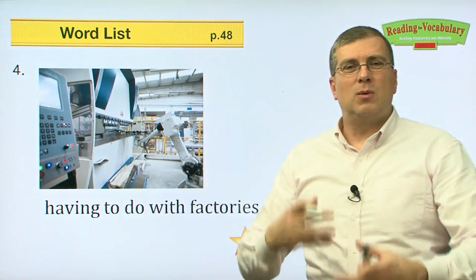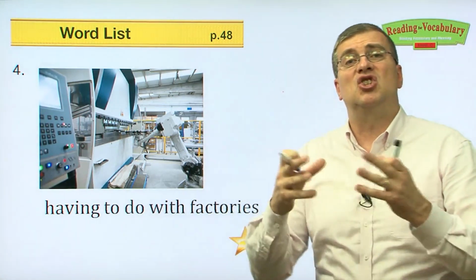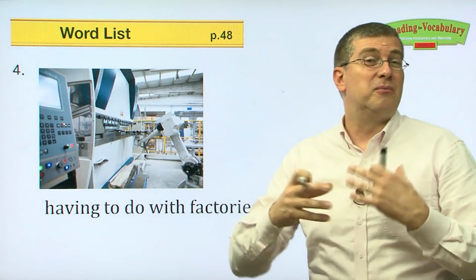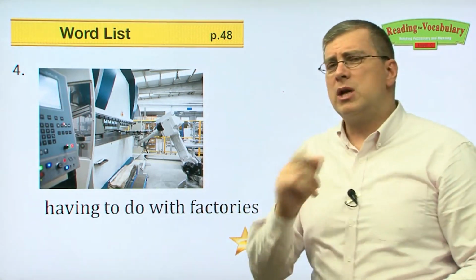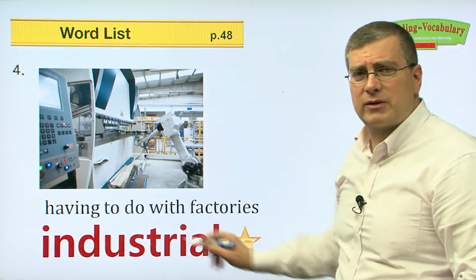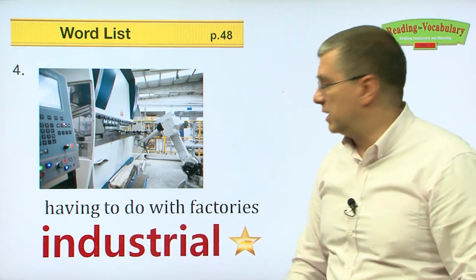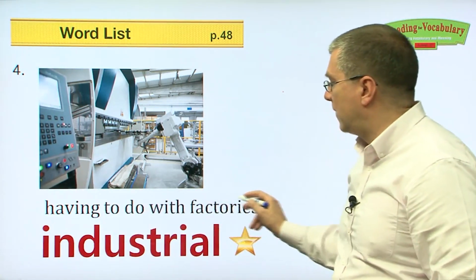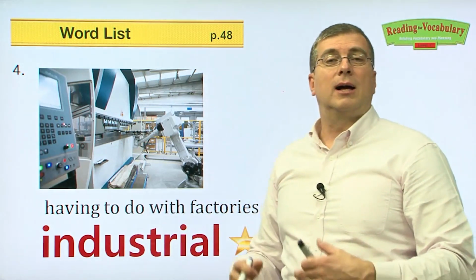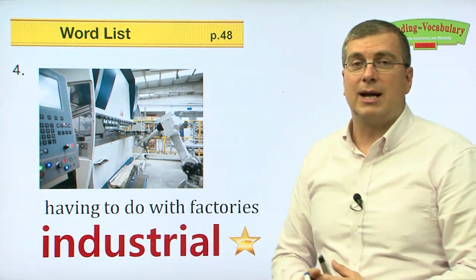Okay. Number 4, having to do with factories. So when we talk about factories that are making things and machines, the process of manufacturing, we're usually talking about industrial topics or industrial things. Industrial is an adjective having to do with factories. This job is an industrial job, right?